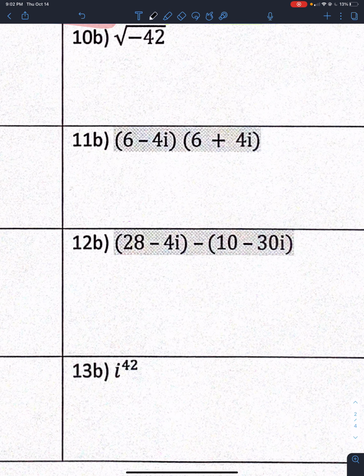So 11b, when you're being multiplied, they are being FOILed. So 6 times 6, that's 36. 6 times 4i is positive 24i.